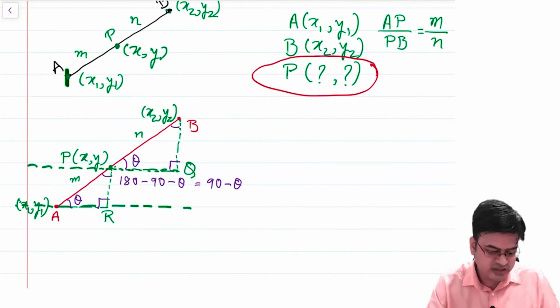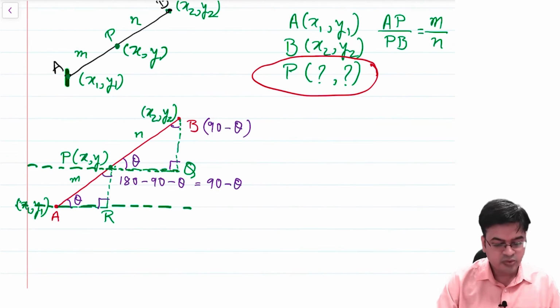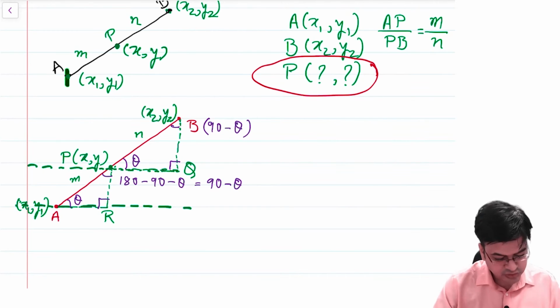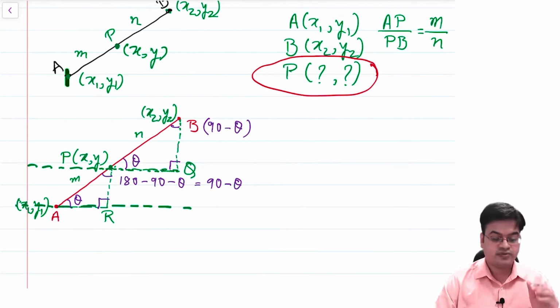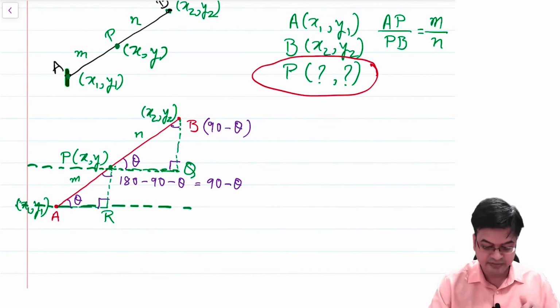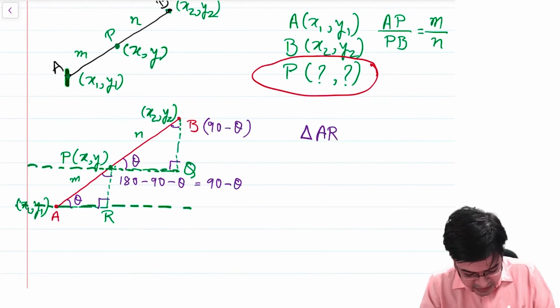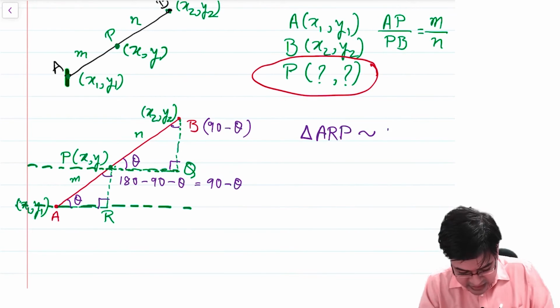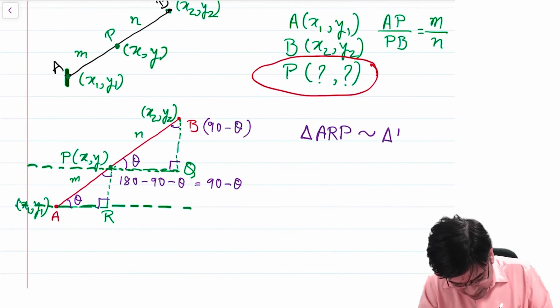What can you say about this angle then? Again it will be 90 minus theta. I hope I made it clear. Now both angles are 90 minus theta. So what we have established now is all the angles of triangle ARP and triangle PQB are same. Therefore, I can say that triangle ARP is similar, this is again a notation of elementary geometry, to PQB.